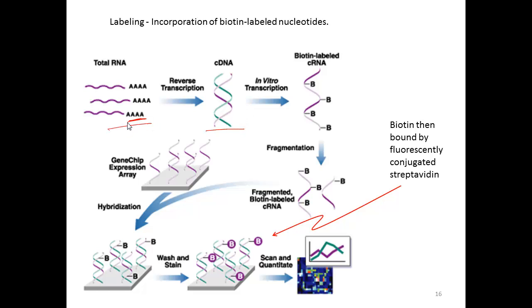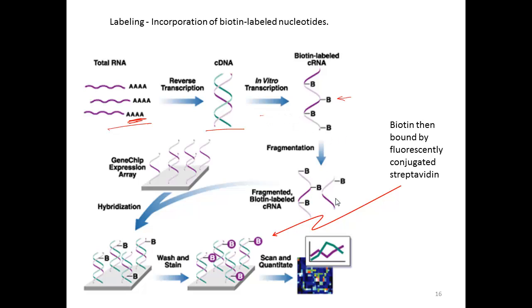On the primer that we used for the reverse transcription, we're also going to incorporate a promoter so that we can transcribe the sequence. And so we're going to make a copy of RNA from our double-stranded cDNA, and as we do that, instead of amino allyl nucleotides, we're going to use biotinylated nucleotides. And so we're going to incorporate a number of biotins into the RNA molecule.